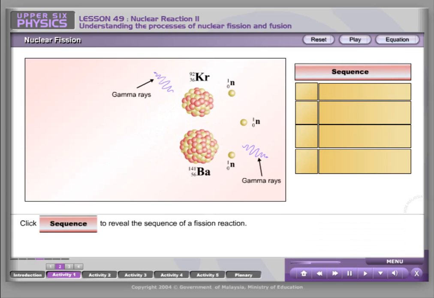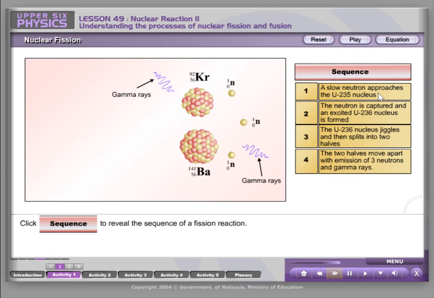Click the sequence button to reveal the sequence of a fission reaction. Click the equation button to reveal the equation for this fission reaction.